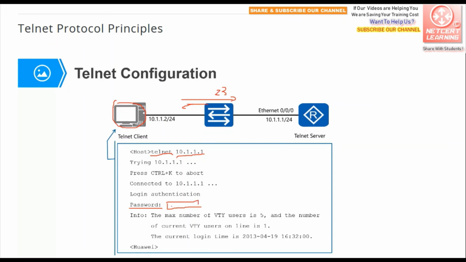Then you type the password Huawei12 that you configured on the Telnet server, and the prompt appears on your terminal. This is all the Telnet configuration.